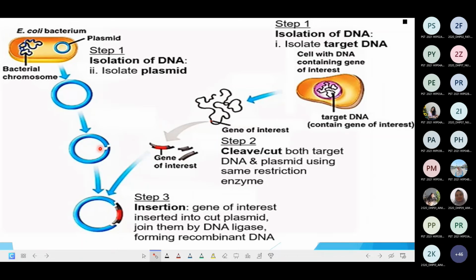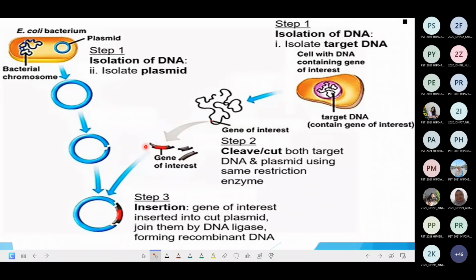We need to cut this plasmid using the same, remember, using the same type of restriction enzyme. So if you have used EcoR1 to cut the target DNA, you will need to use the same type of EcoR1 to cut this plasmid over here. This is to produce the complementary sticky ends.